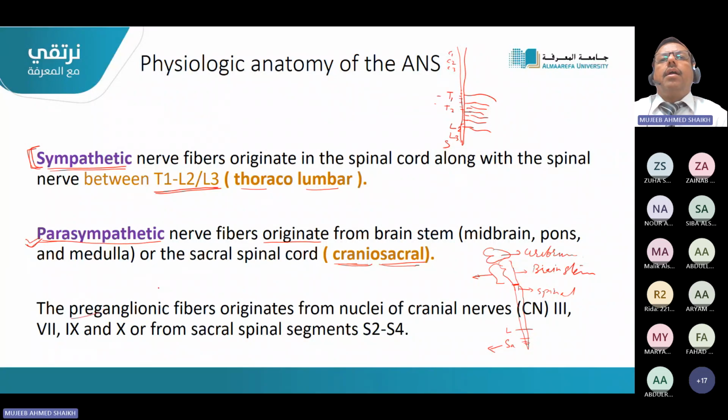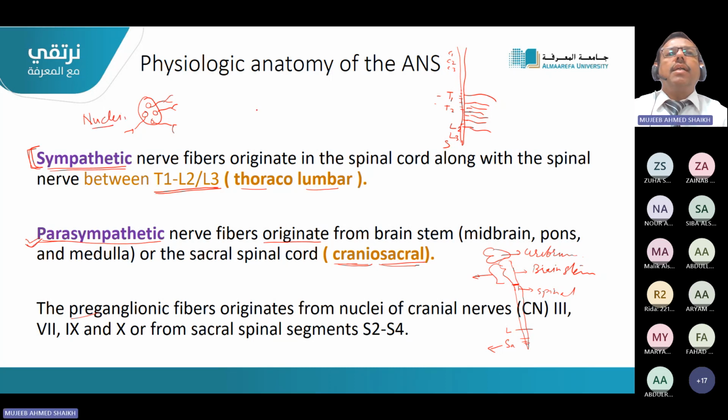I told you in the previous class about the collection of cell bodies. This is the cell body of the neuron, right? Here in the above diagram which I am drawing now, when cell bodies of the neuron are collected at one place within the nervous system, what do we call it? Within the nervous system, we call it nuclei.